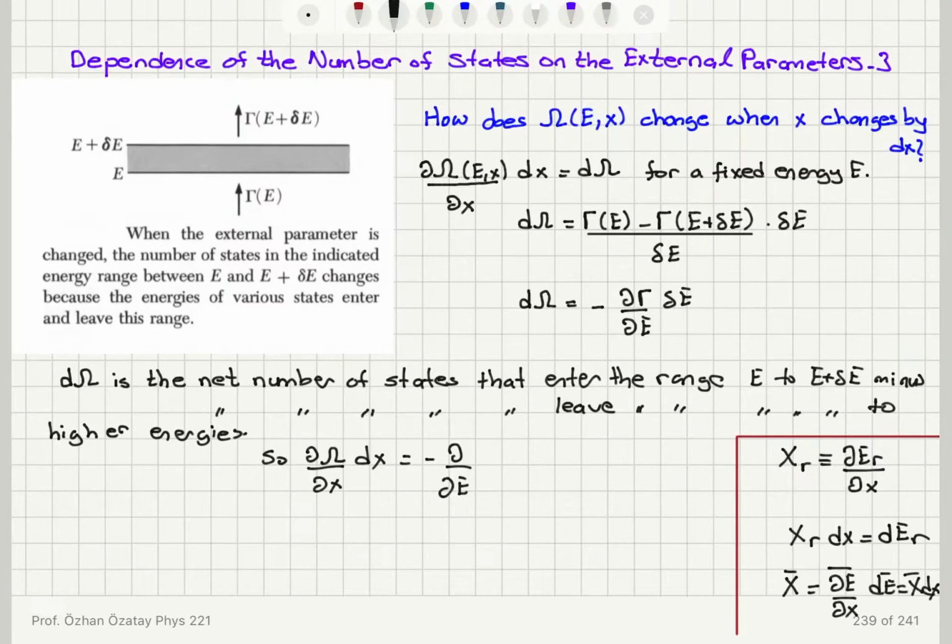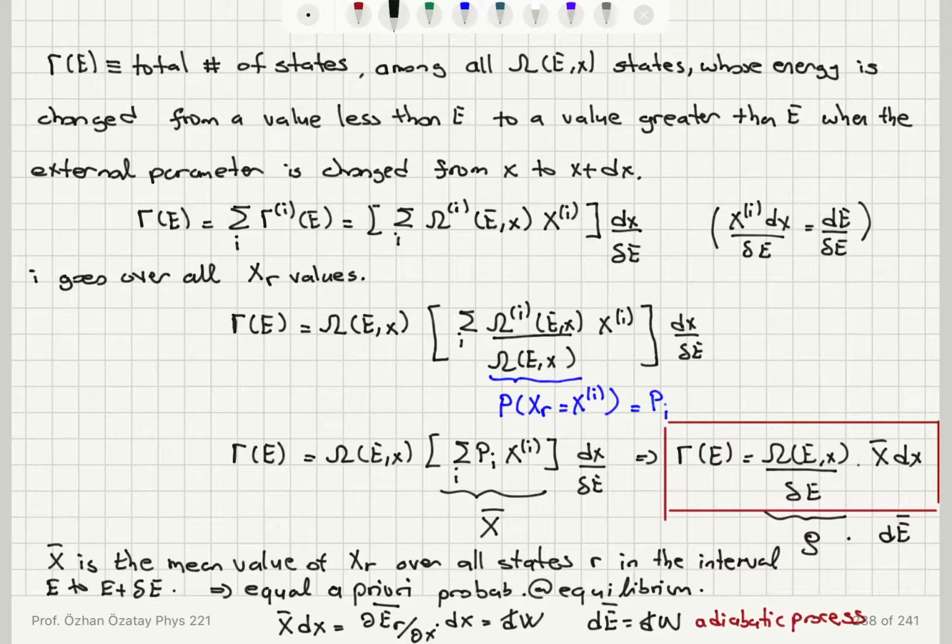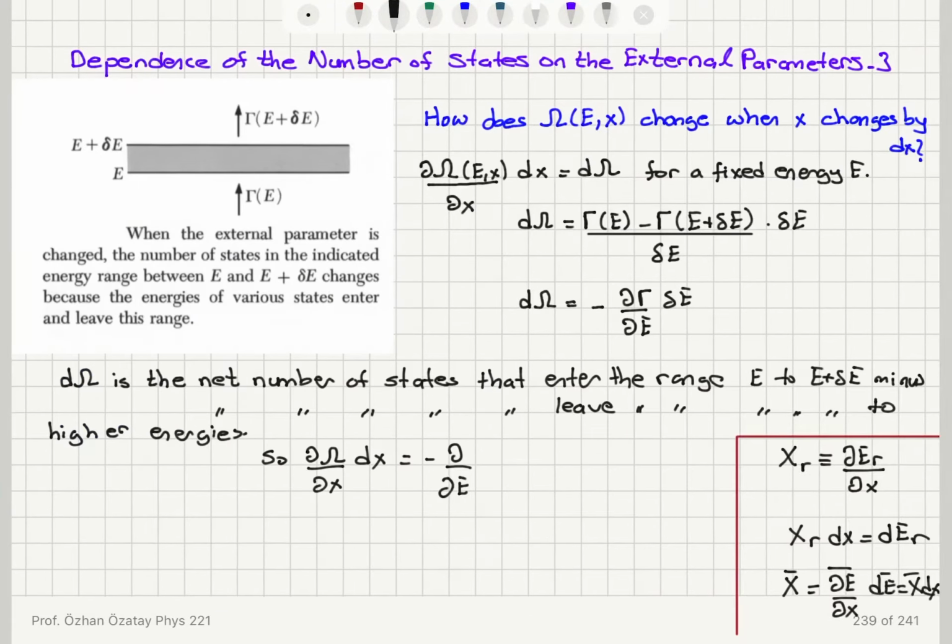And this gamma, the number of states that are entering the range E to E plus delta E, is the density of states omega divided by delta E multiplied by the change in the mean energy, as we have shown. Now this is going to be the derivative with respect to energy of the density of states omega divided by delta E. So let's take the delta E outside, multiplied by X bar. So here is my delta E. That is, omega divided by delta E is the density of states.